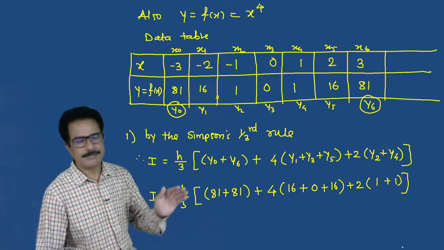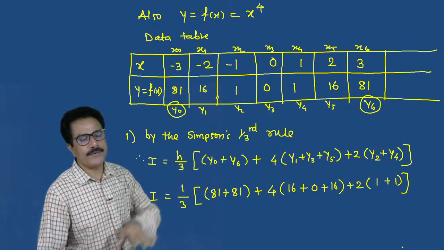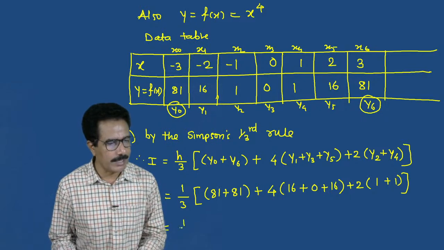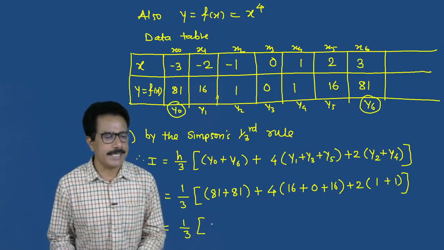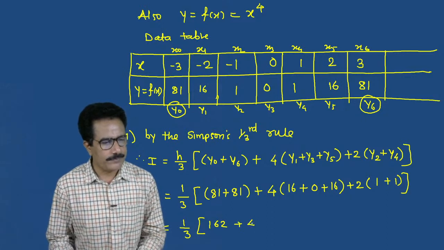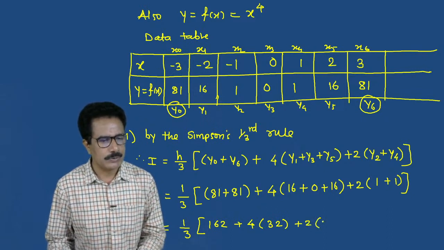Is it okay? 2 times of y2 means 1, y4 means 1. So calculate this. आता सांगा रे याचा रिझल्ट काय येतो. 1/3, 81 plus 81 means 162, plus 4 times of 32, plus 2 times of 2.